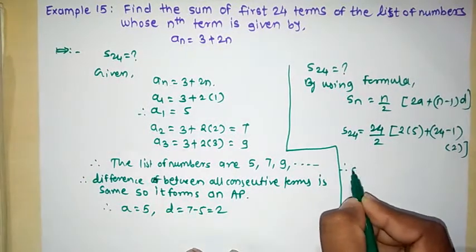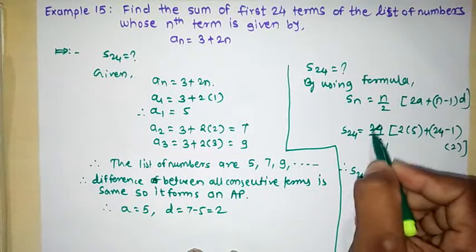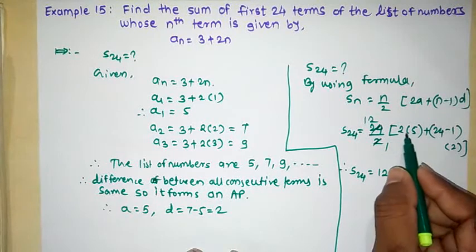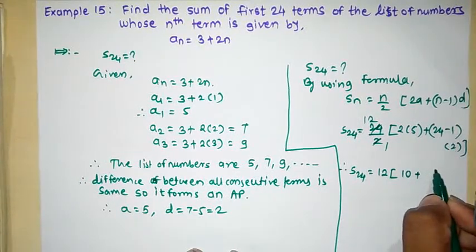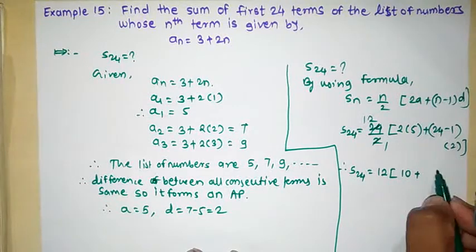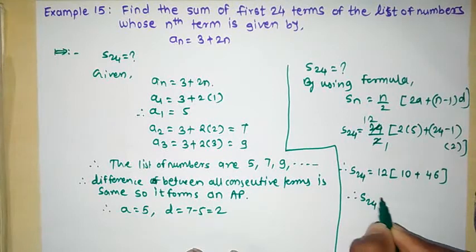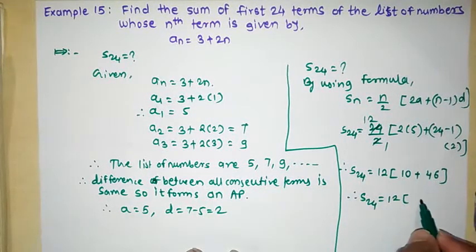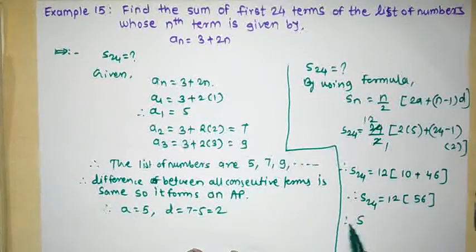Therefore the sum of the first 24 terms is equal to, 2 ones are 2, 2 twelves are 24, that is 12 into (2 into 5, 10, plus 24 minus 1, that is 23, 23 into 2, that is 46). Therefore the sum of the first 24 terms is equal to 12 into (10 plus 46), which is 12 into 56.